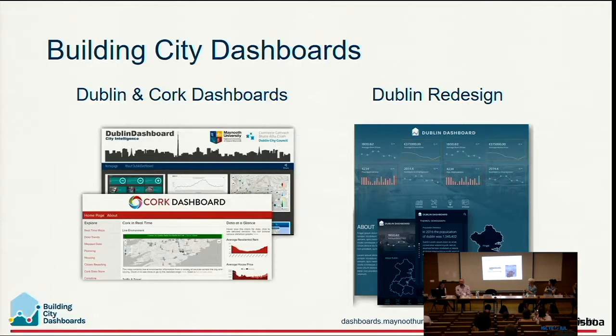These three issues include data standard problems, analytics and modeling problems, and visualization and interaction problems. For the time being, two dashboards are designed, for Dublin and Cork. Now we are redesigning the Dublin dashboard, and we hope that by the end of the year we're going to launch the second edition of it.